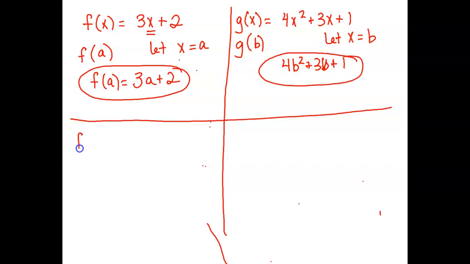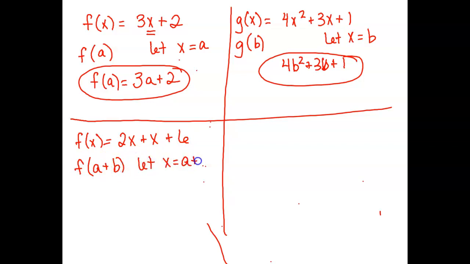All right, if I had f of x is equal to 2x plus x plus 6, and I want to know what is f of a plus b. Now my x is actually going to be equal to a plus b. So I go back up here and I say 2 times a plus b plus another a plus b plus 6.